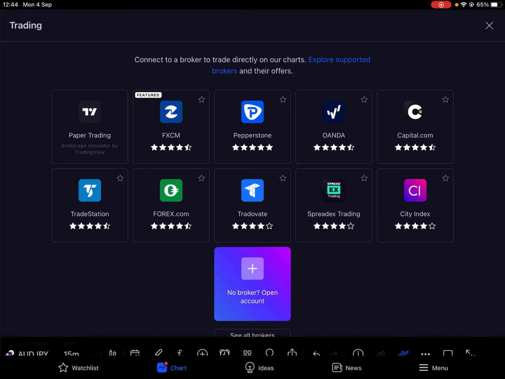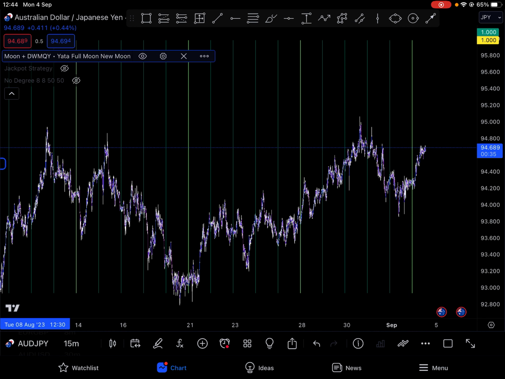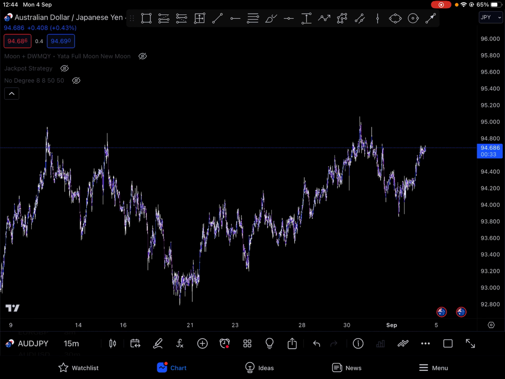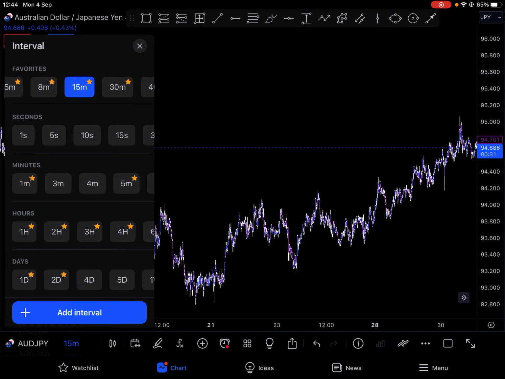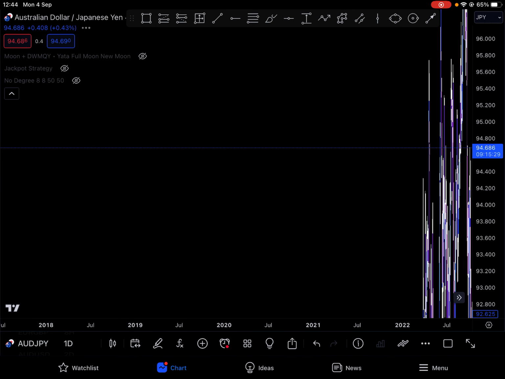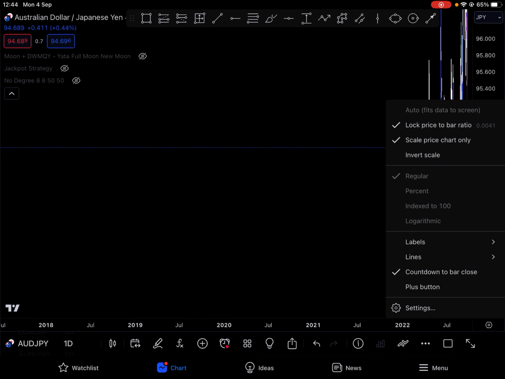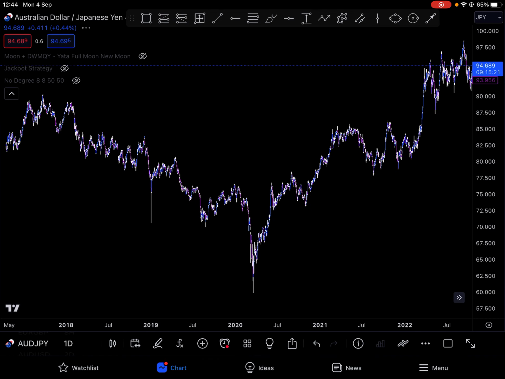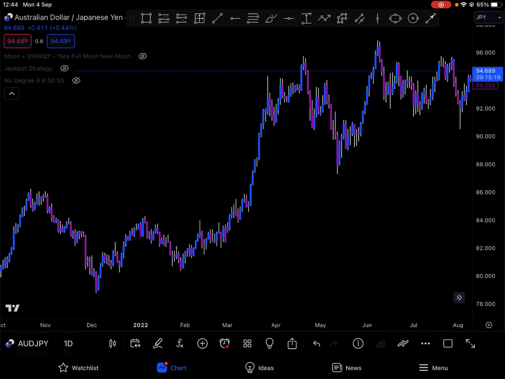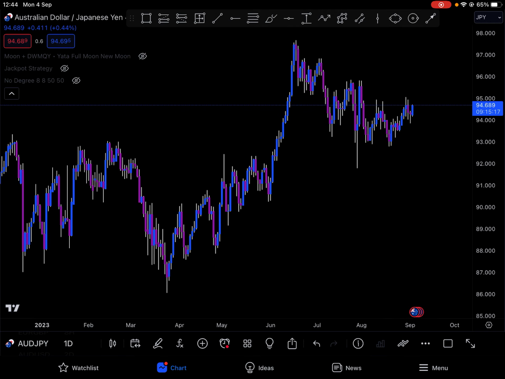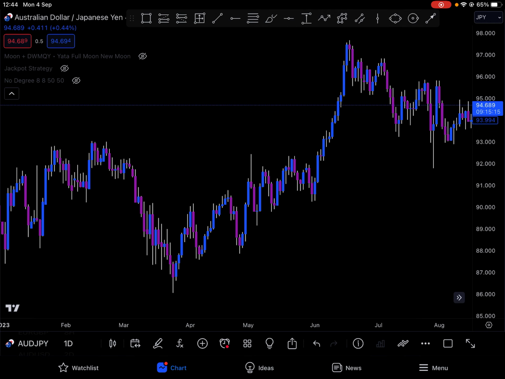I'm just gonna put this off right now so you can see the charts clearly. So we're gonna be starting on the daily time frame. Yes, so this is the daily time frame. On the daily time frame, we can see that we're very bullish.